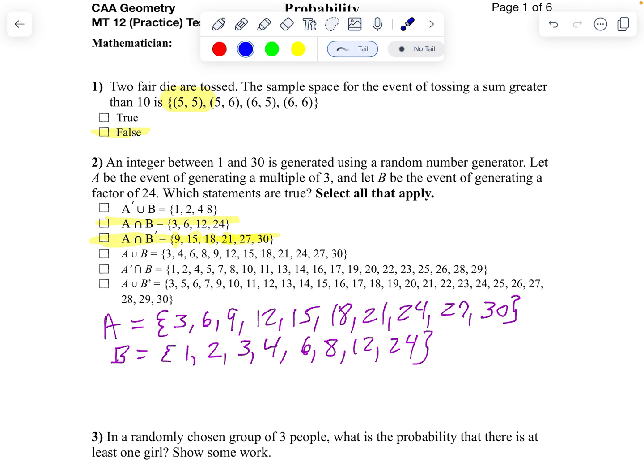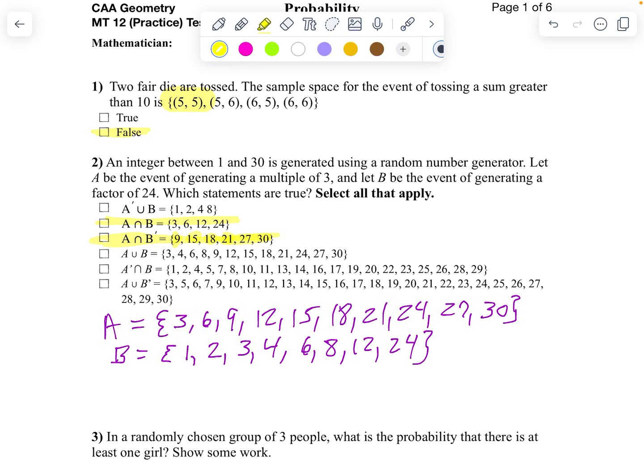So now let's look at the complement of A intersect with B. I'm going to look at it backwards like I did on the one above. So I got 1, and notice that's not in A, so that's good. I've got 2, that's not in A, so that's good.